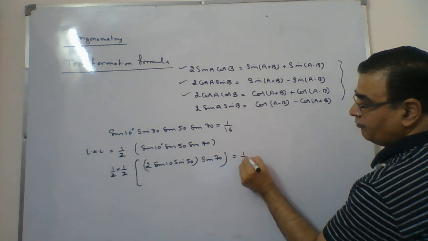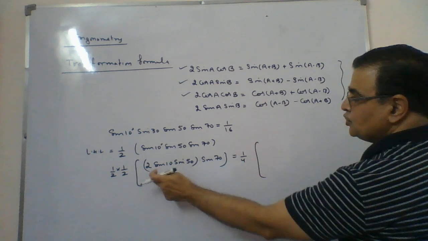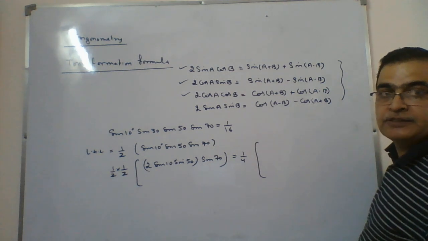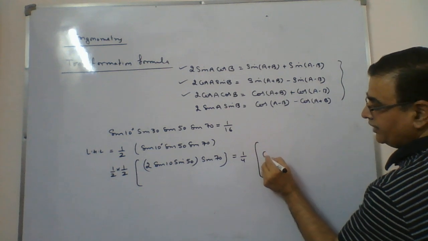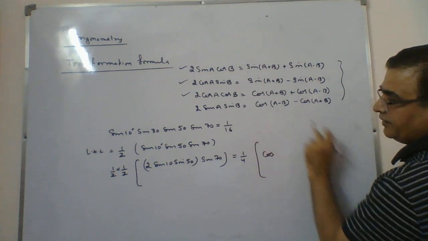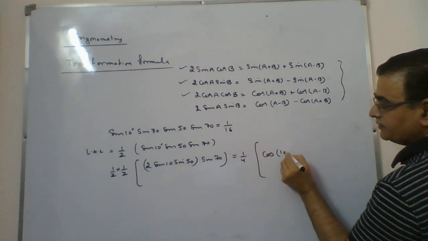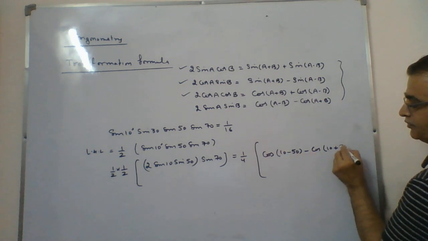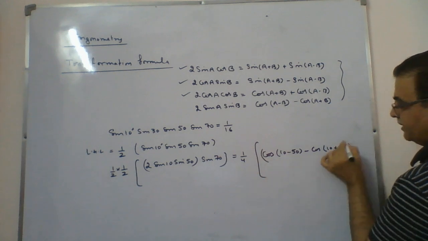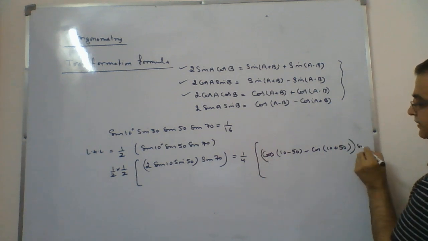Then this comes out to be 1 by 4. 2 sine A sine B: what does the formula say? Cos A minus B minus cos A plus B. So I should write cos of 10 minus 50 minus cos of 10 plus 50. And here it comes out to be sine 70.